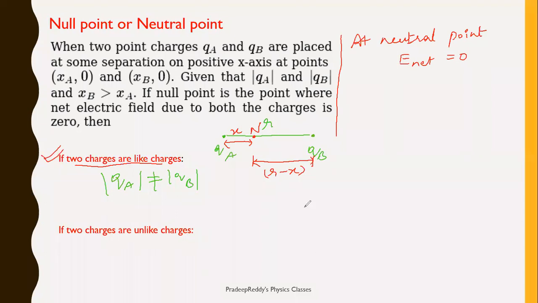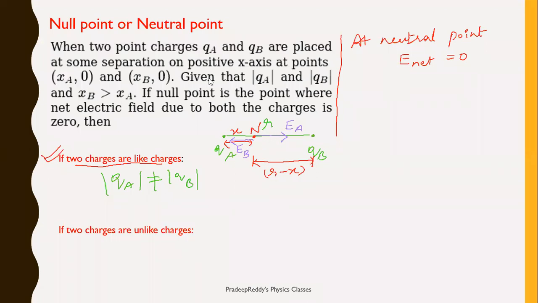You can see that QA will be exerting force in which direction? Right side. This is EA, field due to charge A, that is right side. And what about this QB? QB will be exerting force in opposite direction, and that will be like this. It is EB. So EA and EB both are opposite to each other.